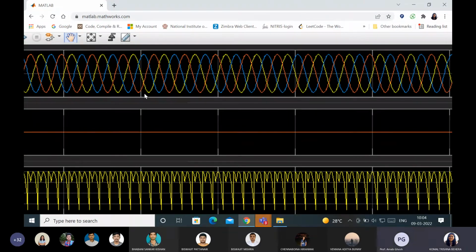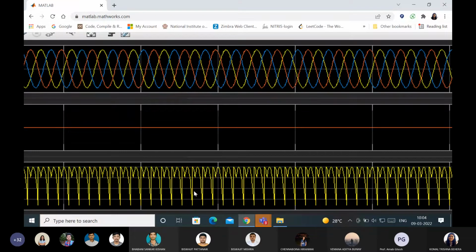Sir, my laptop doesn't have the configuration for Multisim, so whenever I download it, it gives an error. Sir, one minute, my laptop got hanged.